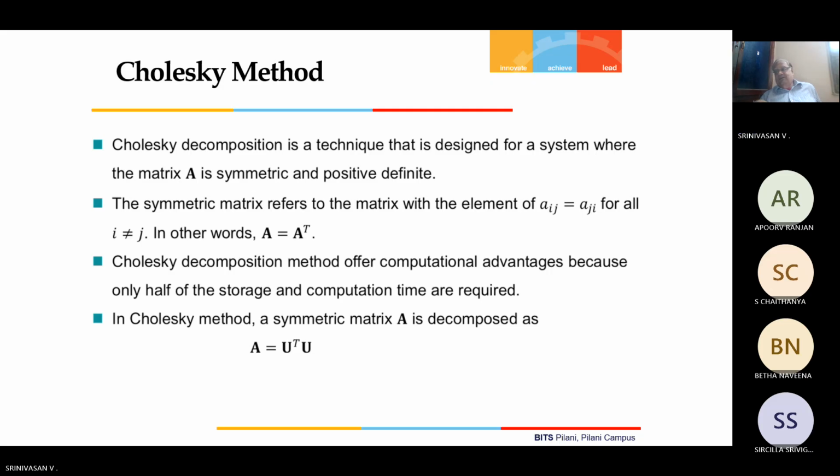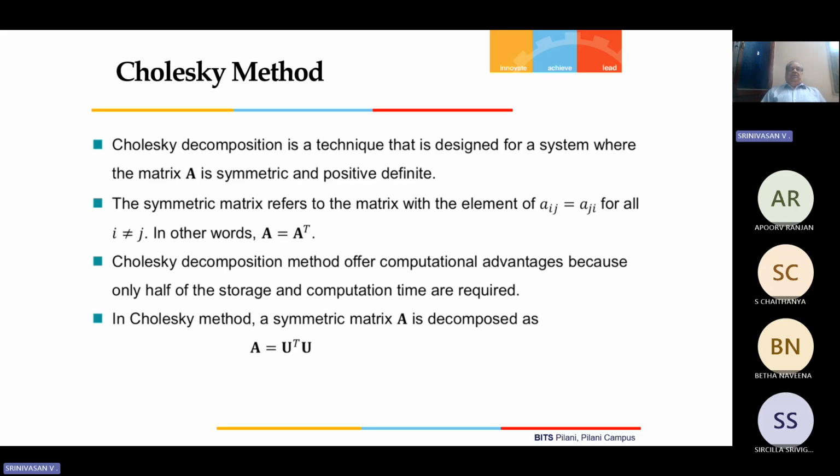Therefore, it is enough to find one of the two factors, and the other will automatically be its transpose. So that way it is easy. If you find U, it is U transpose U. If you find L, it is L transpose.